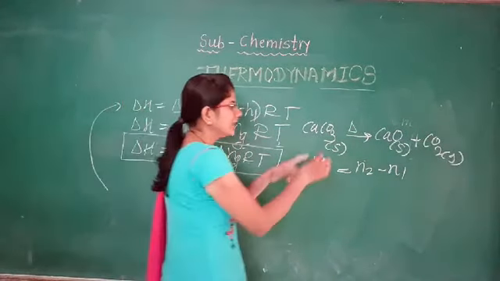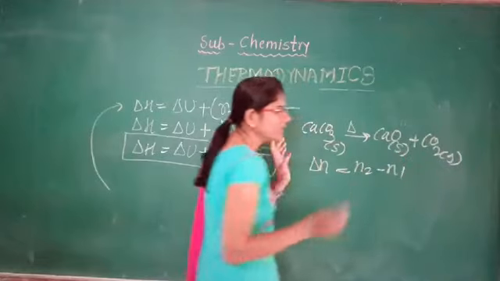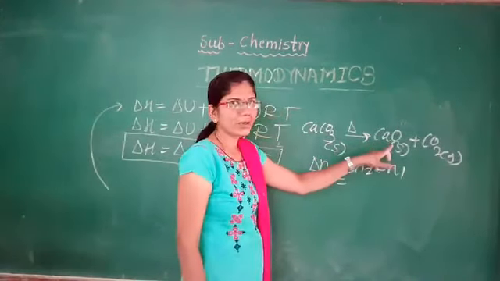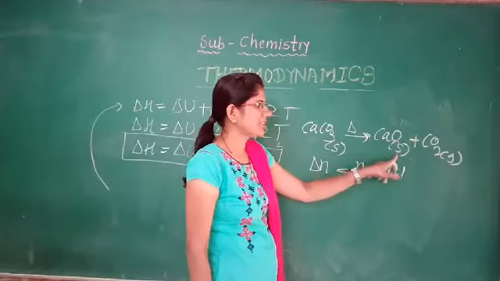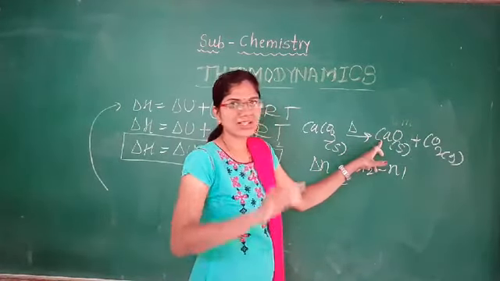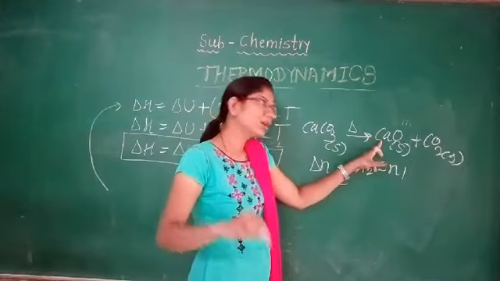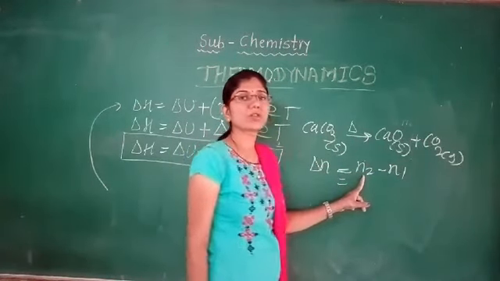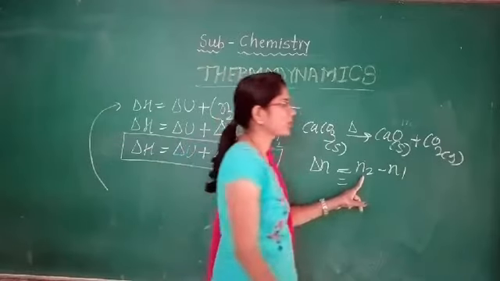And therefore here the states are given. So what is N2? Now CaO, calcium oxide, is present in a solid state, and therefore the number of moles of calcium oxide is not considered, because we know that N2 means the number of moles of only gaseous product.